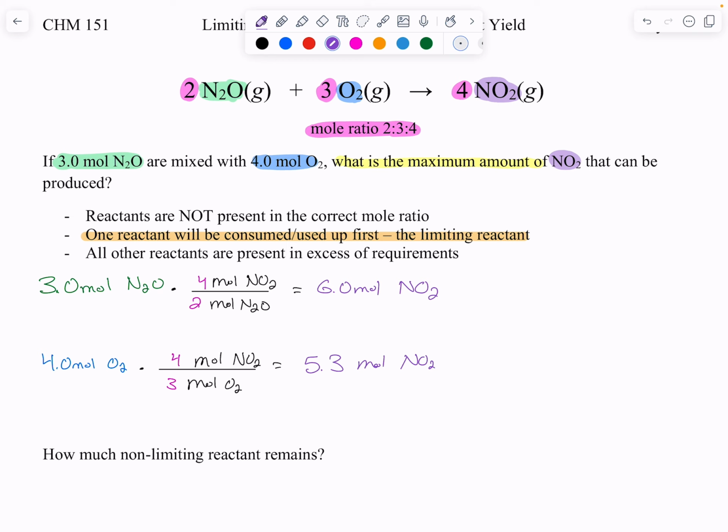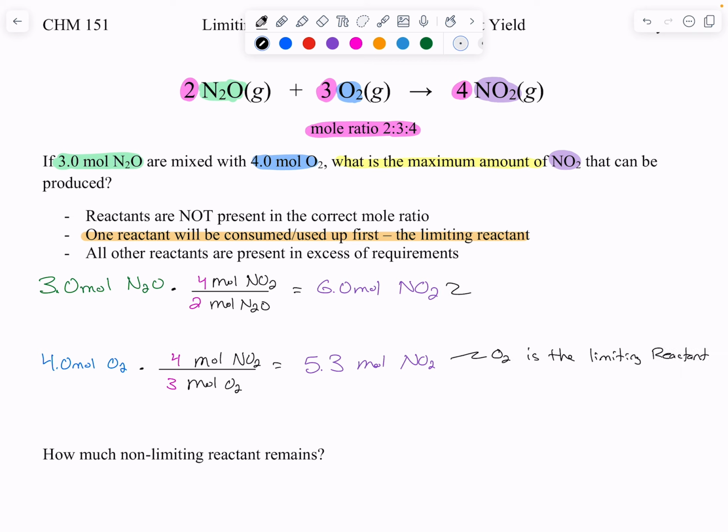So even though 4 moles of O2 is more moles than 3 moles of N2O, O2 is our limiting reactant. So this shows you that O2 is the limiting reactant.